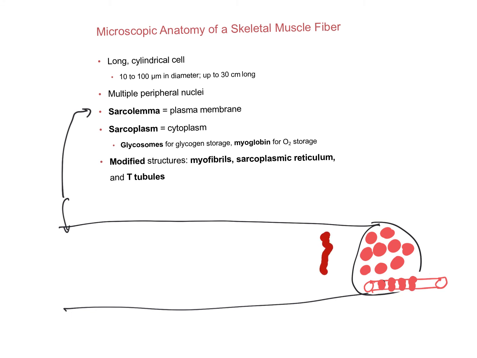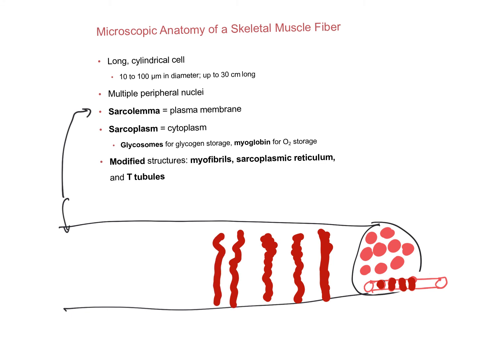So the striations occur at regular patterns along the entire muscle cell, right? And it actually comes from the striations that are found on the myofibrils. Okay, they kind of all line up. So when you see it, it looks like this, right? I'm not doing the best drawing job today.